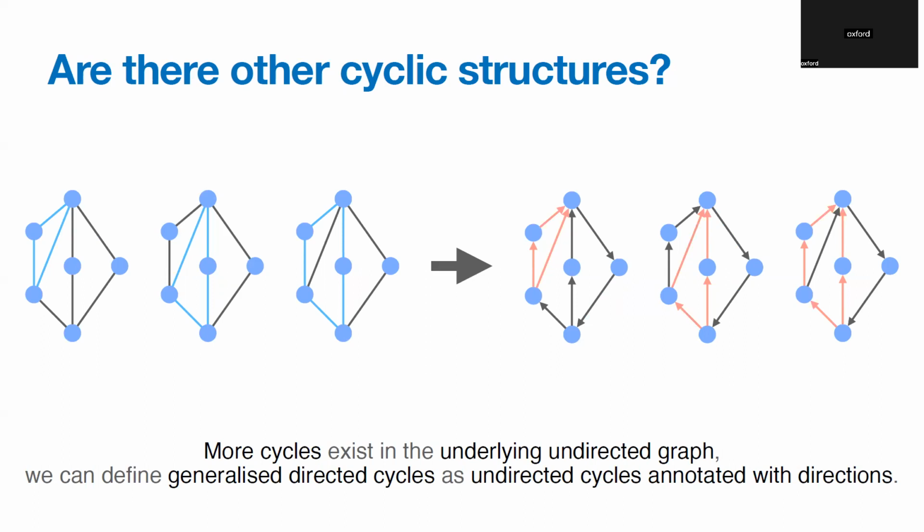But in a sense, they're still cycles, right? They're not cycles in the sense of the directed cycle, but they still, for example, close a path. If you consider these to be wedges, you can see that there are two paths that then combine together.